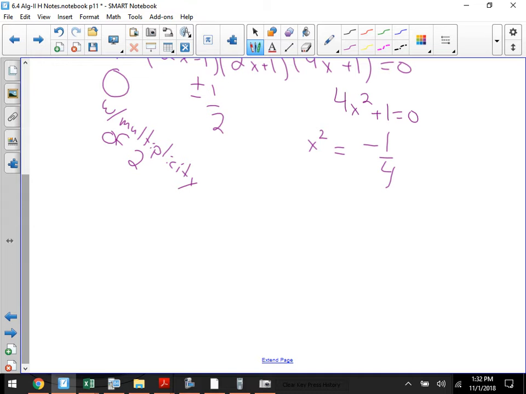What's the square root of 1/4? 1/2. But you get x equals plus or minus, because you take the square root of a negative, you get an imaginary. So you can write it a couple ways. A lot of times you see it as just i over 2, or 1/2 i, or i times 1/2. Any one of those would be perfectly fine.